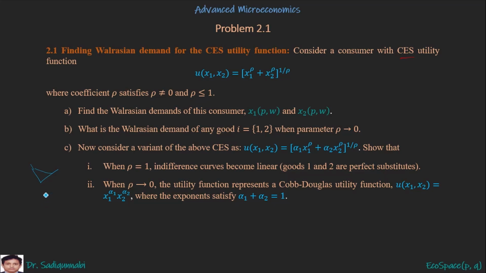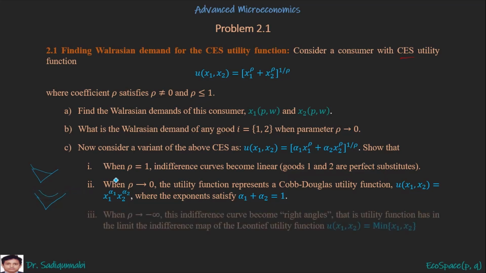So the indifference curve looks like this. The above indifference curve was a straight line, and the second indifference curve looked like this. And the third question is when rho tends to minus infinity, this indifference curve becomes the Leontief utility function, U(x1, x2) equals min(x1, x2).